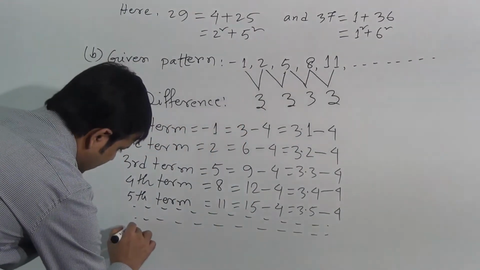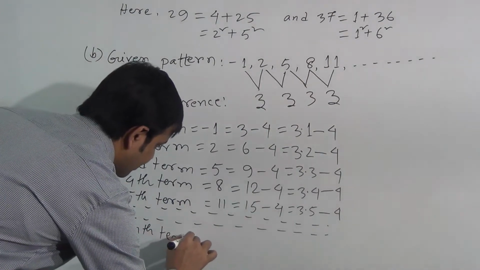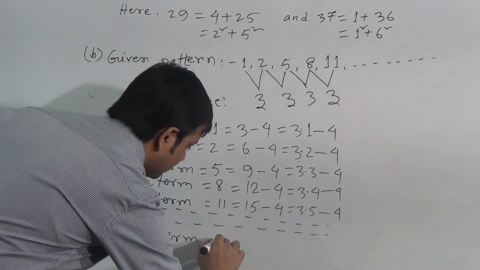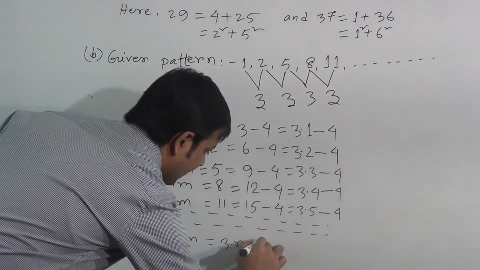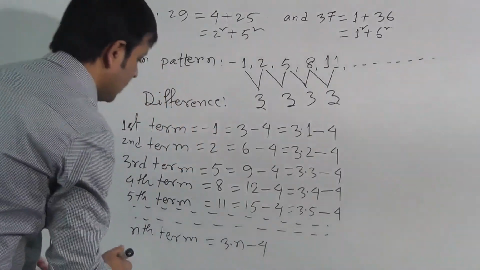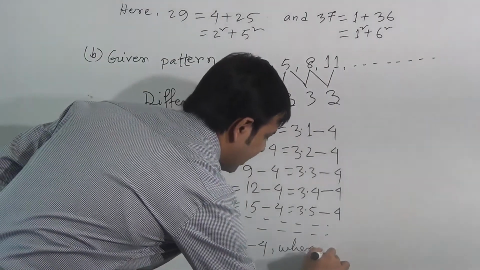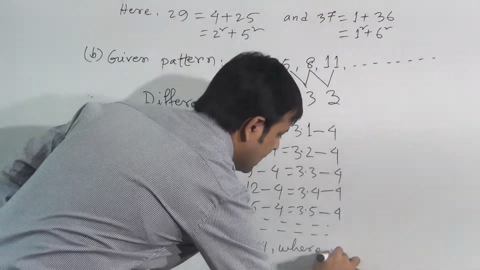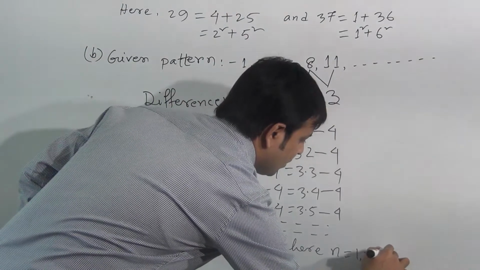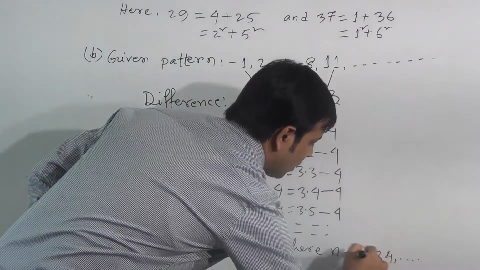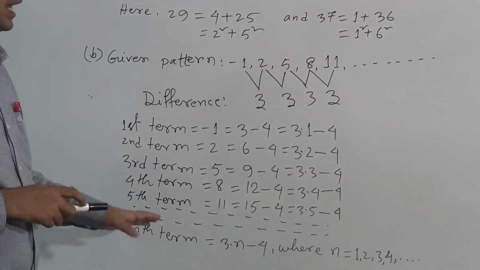So we can write here the nth term will be 3 into n minus 4. Here what do we mean by n? n equals 1, 2, 3, 4. In this way it will continue. It means that n is a natural number.